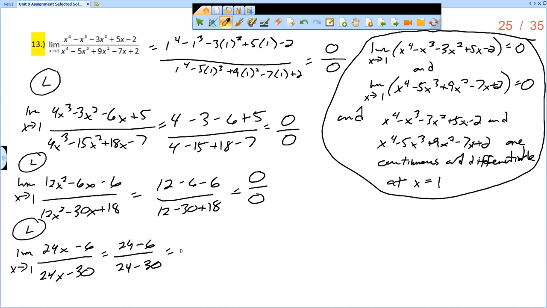So 24 minus 6 gives me 18 over 24 minus 30, which is negative 6. And so this is going to give me negative 3. So yes, it is annoying that you have to use L'Hopital's rule 3 times, and yes, even more annoying if you stated all of this, but the answer is negative 3.